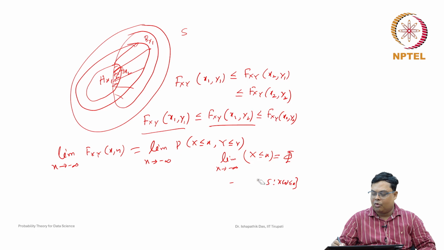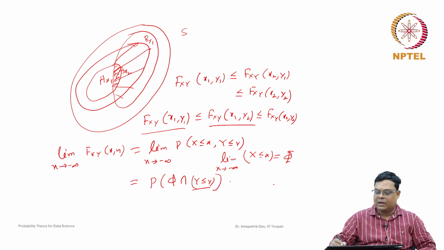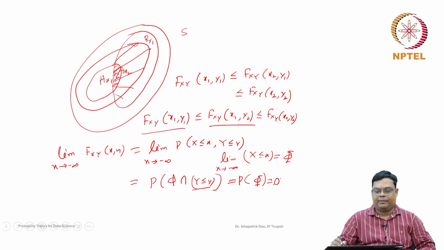The exact proof will be different, but this is just to understand it. If this is the empty set, then this probability is nothing but the probability of phi intersection the event Y less than or equal to y. Whatever the set Y less than or equal to y is, its intersection with a null set is again a null set, so this is equal to 0.